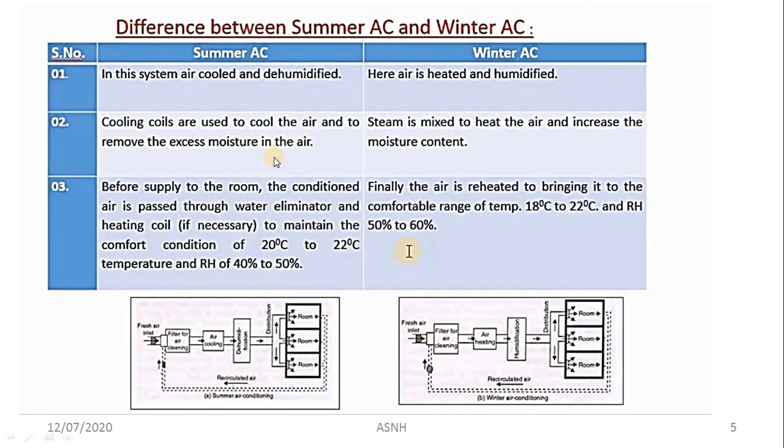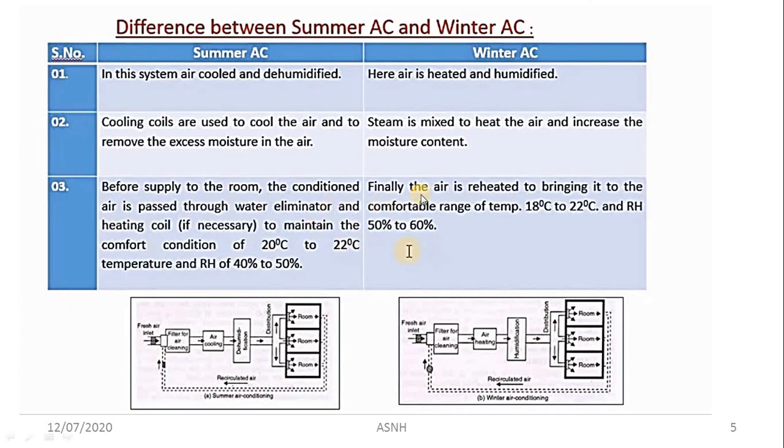Now the third important difference between the summer and winter air conditioning systems: in summer, before supply to the room, the conditioned air passes through the water eliminator and heating coil to maintain the comfort condition of 20 to 22 degrees centigrade, and we must maintain the relative humidity at around 40 to 50%.